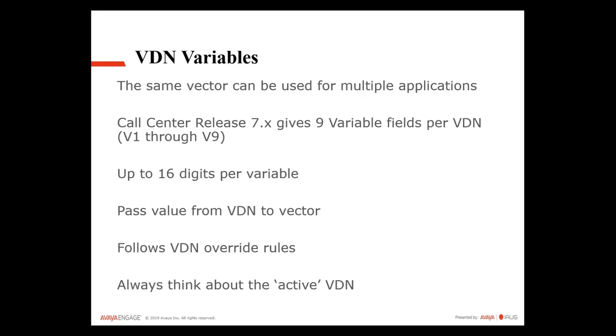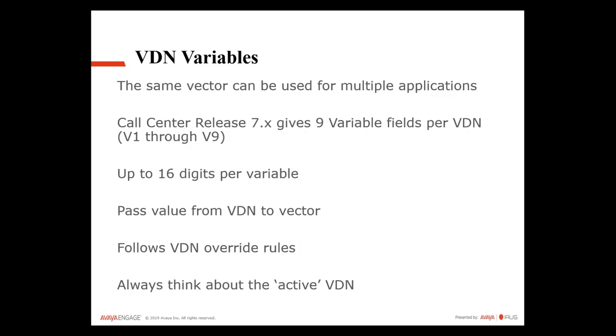So in the VDNs, this is where I said the variables give you that flexibility. You can use the same vector for multiple VDNs, and it keeps things easier to troubleshoot, at least in our world. Avaya used to only give us V1 through V5.